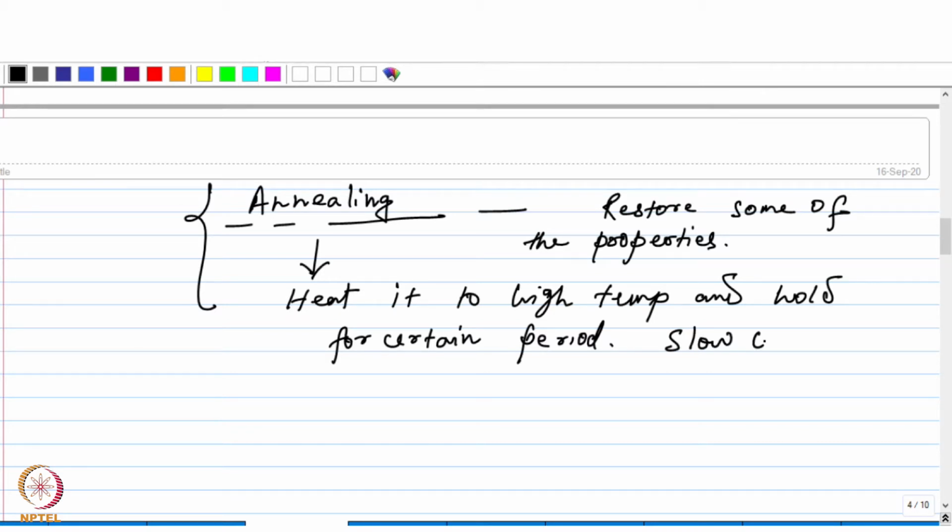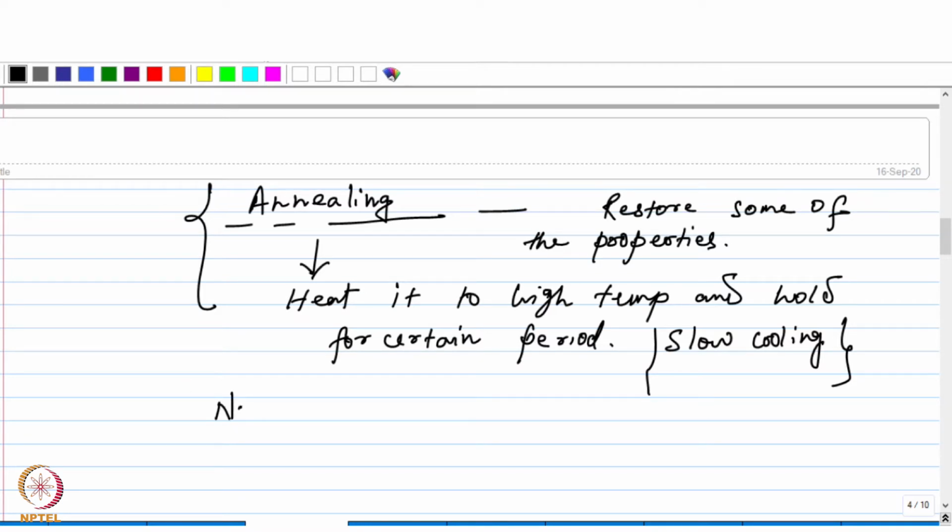This is critical, because if you do not cool it slowly, then the kind of microstructure or the properties that you are expecting may not be obtained. Depending on the cooling rate, you have another process which is very similar to annealing, but it is not really annealing.